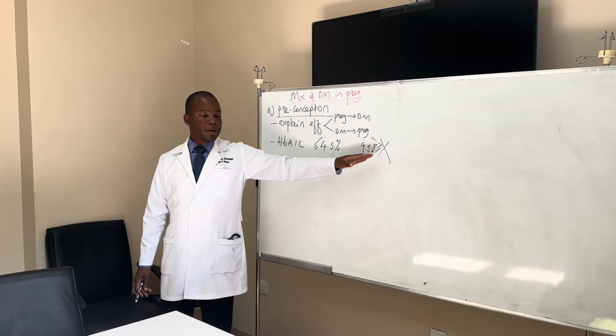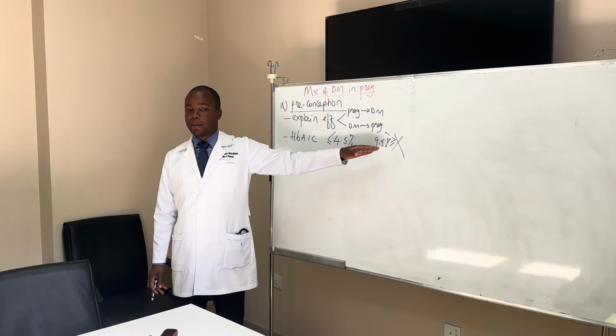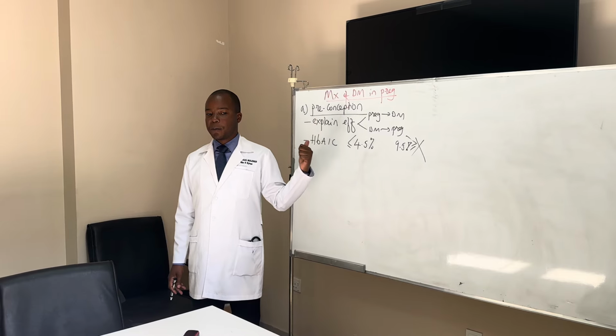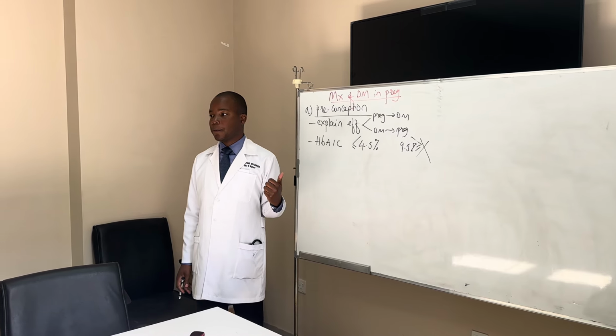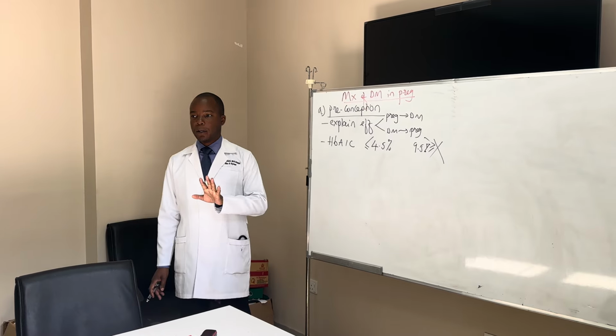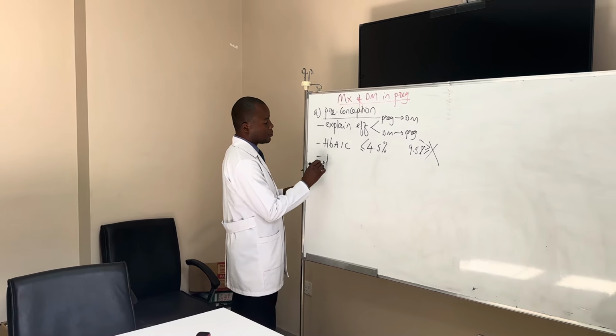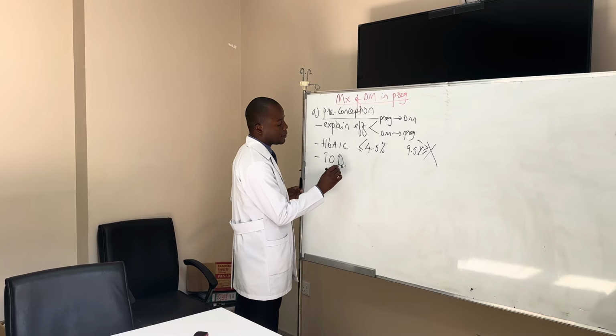If the lady conceives above 9.5% glycosylated hemoglobin, what will happen? Those horrible congenital malformations will follow the baby. It's as simple as that. So you don't encourage them to conceive.